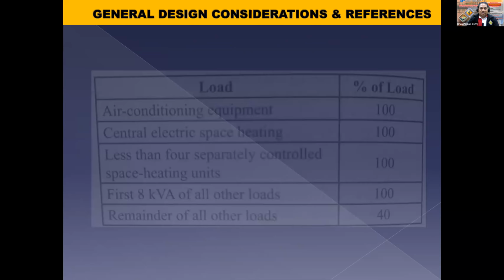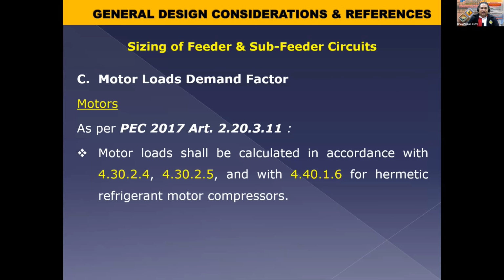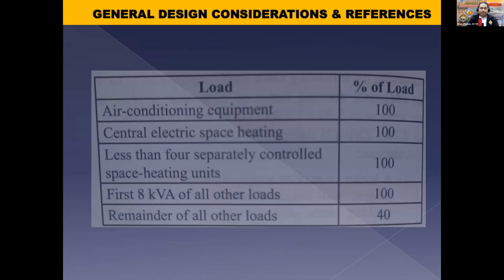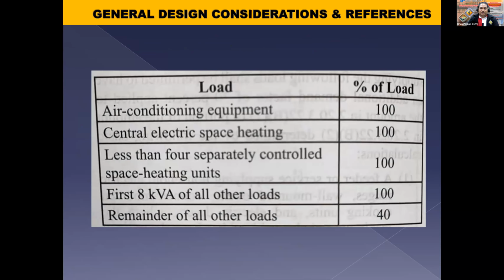Sa motor load demand factor, okay, meron tayong table diyan. Ito for hermetic refrigerant compressors, mga aircon loads. So, air conditioning equipment, usually demand factor natin yan is 100% of the load. Kung combination of loads yan, okay, first 8 kVA of all other loads.